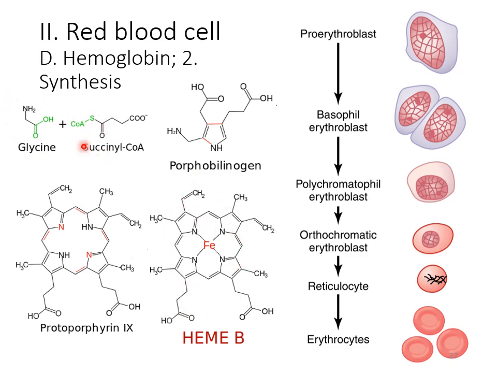It started from glycine and succinyl-CoA, and you form porphobilinogen, and they assemble into a ring structure, and then you add the ferrous ion in the middle, and then you have heme. And again, as a review, your hemoglobin synthesis starts mainly at the level of the polychromatophil erythroblast and proceeds until you have the mature erythrocyte.